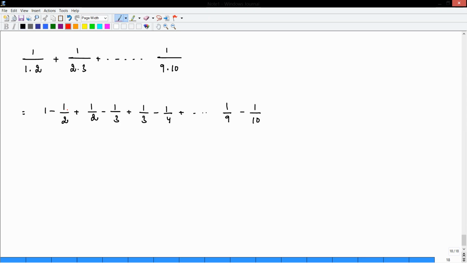The terms that you're going to cancel. What you'll be left with? The first and 1 by the last. You need to remember this pattern in order to answer it quickly. How much? By 10.